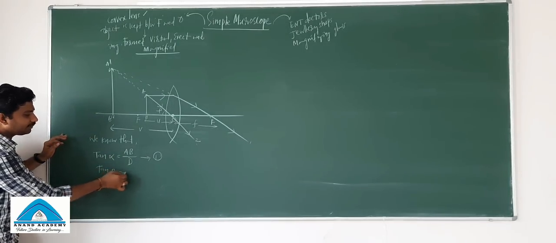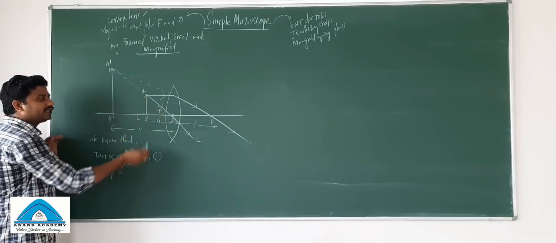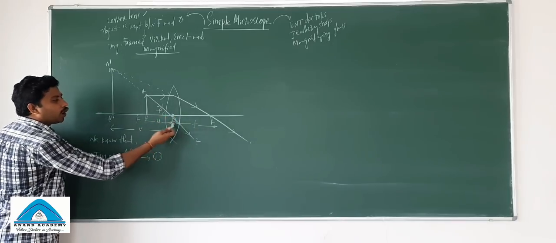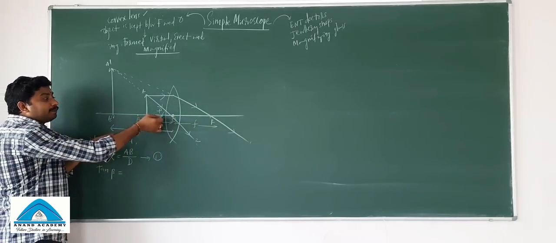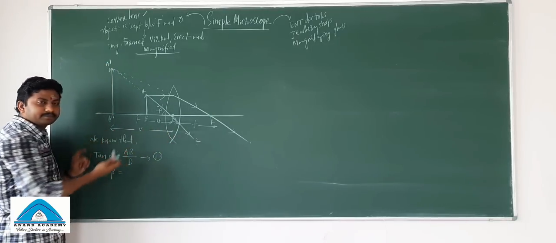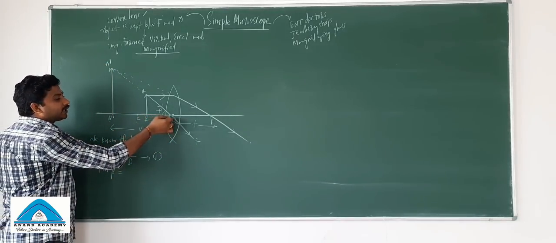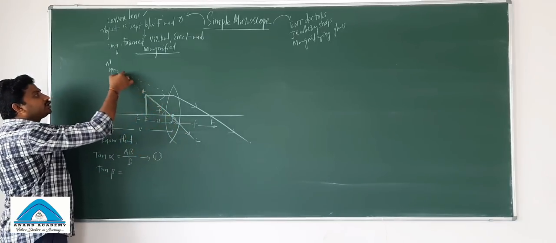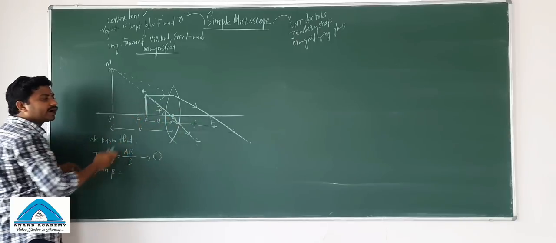Can I write tan beta is equal to, from this triangle you can see, AB by object distance, right? So tan beta can also be written as A dash B dash by V, right? So this is the beta for this small triangle and the same beta for this big triangle. I hope you are understanding.